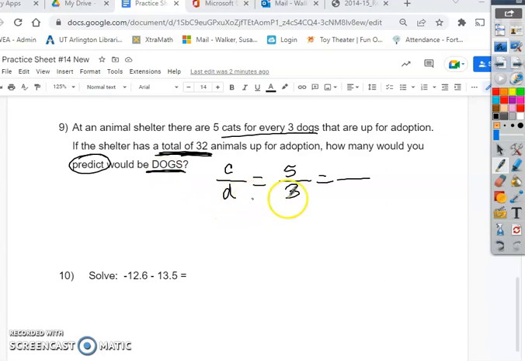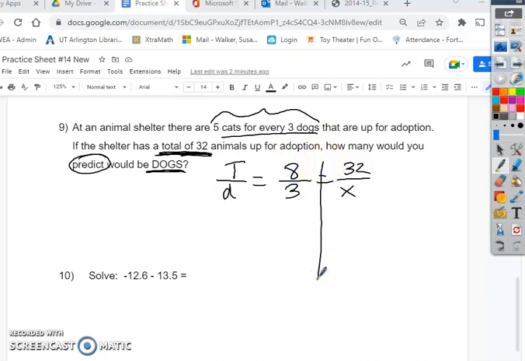If the shelter has a total, something different, neither one of these is total. So I need dogs. So that's where I'm going to put X. And 32 is the total. So 32 goes up here. The problem is 5 is not the total. 5 is cats. I need the total. So remember, that means I need the ratio total. 5 plus 3, which is 8. Okay?